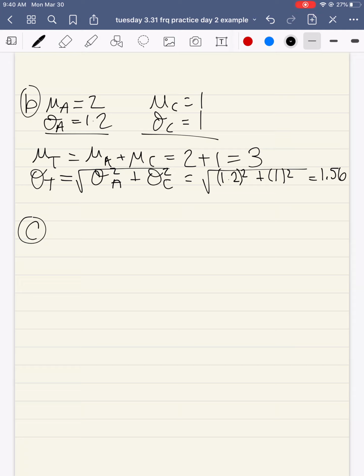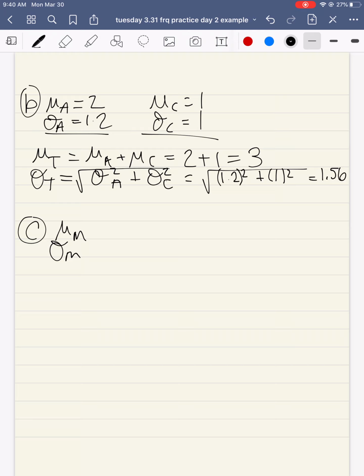So we want to know the total mean of the money. So we want to know mu of M and standard deviation of M. Looking at this here, each child's ticket is going to be $15 and each adult ticket is going to be $25.